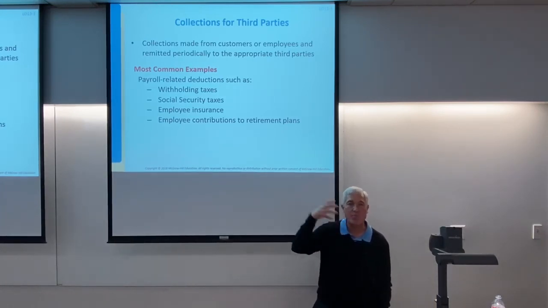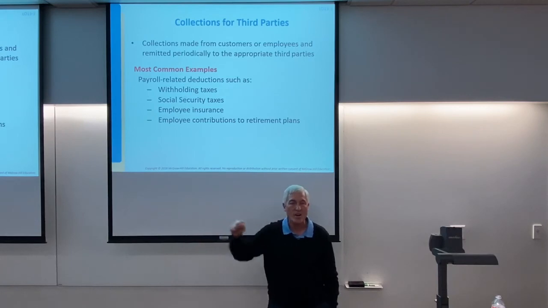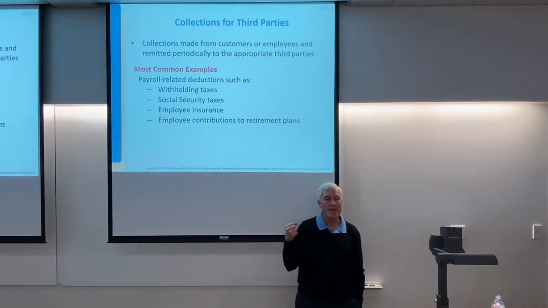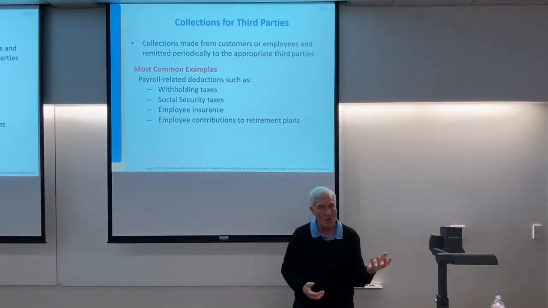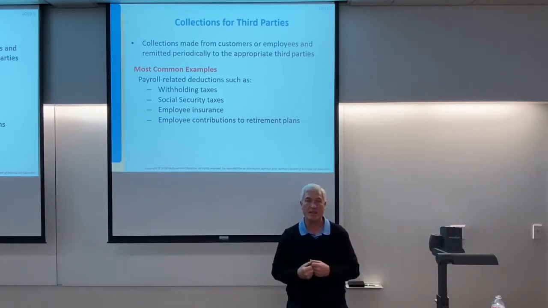Later they're going to have to compile all these $1.60s, all this 8% tax, and cut a check for those governments. So in that entry, we're going to debit cash for $21.60, credit revenues for $20. We got another liability that we have collected on behalf of the governments.